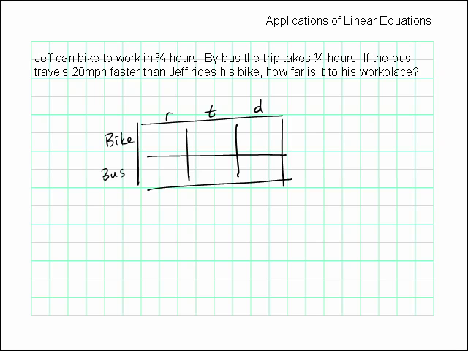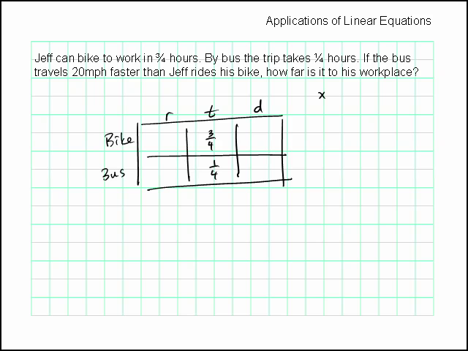We know the time: it takes him 3/4 of an hour to bike, and 1/4 of an hour for the bus to get to work. The bus travels 20 miles per hour faster than Jeff rides his bike.